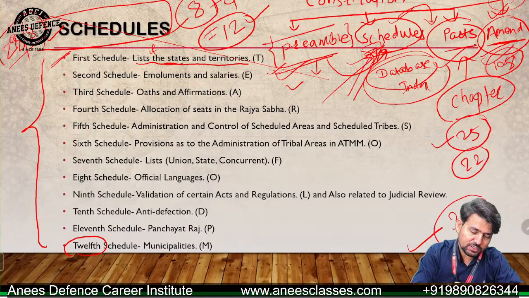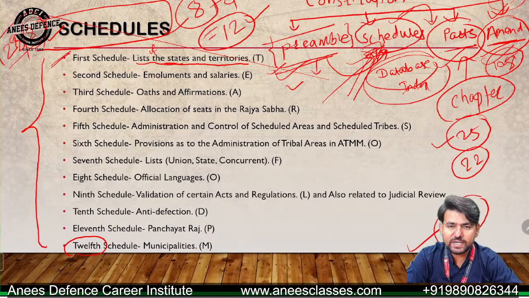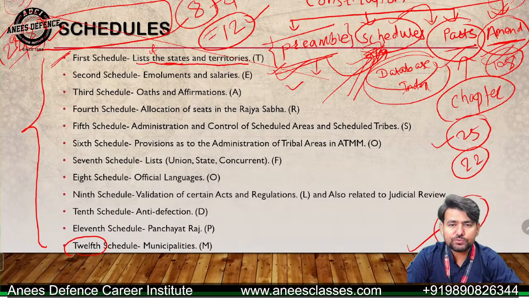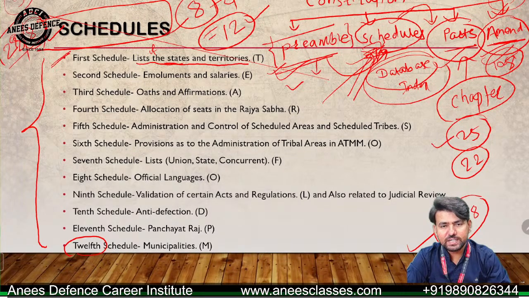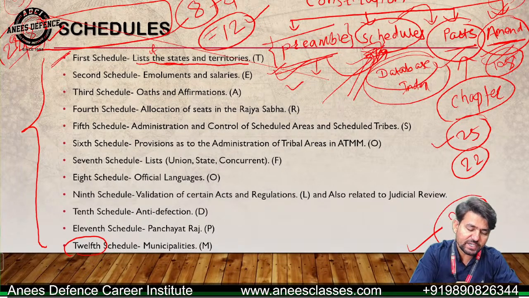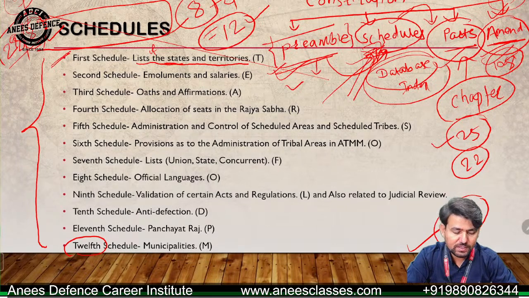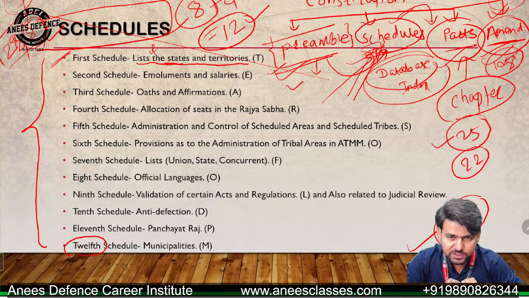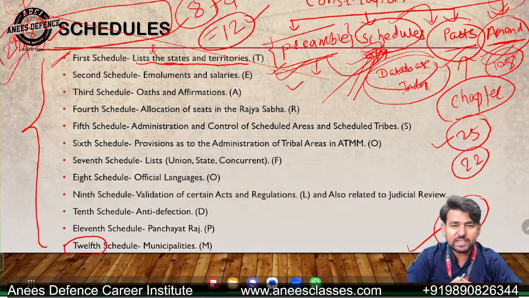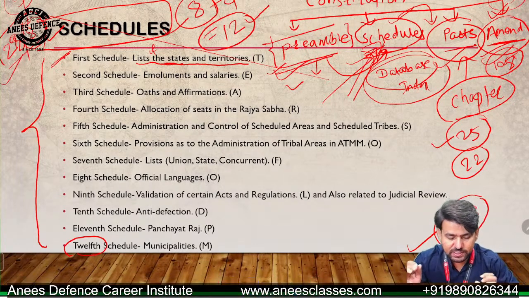With this, 2 more union territories were added, and the number went to 9. But after the merging of 2 other union territories, Daman and Diu and Dadra and Nagar Haveli, the number of union territories again came down to 8. So right now, as we record this lecture, it stands at 28 states and 8 union territories.